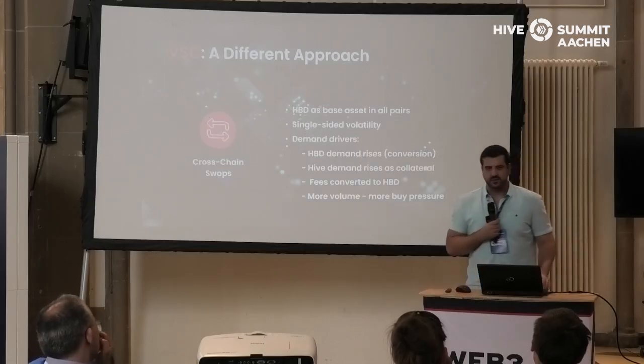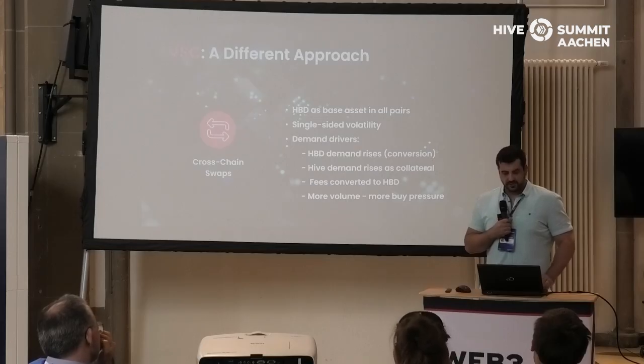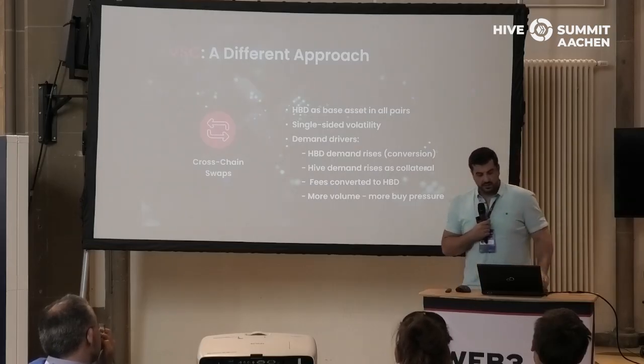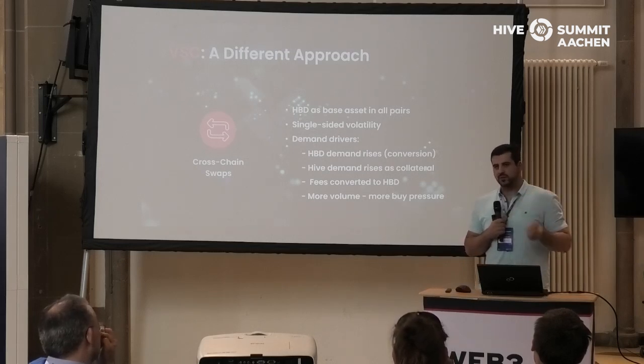The second advantage over our current competitors is using a stablecoin as the base asset in all pairs. When you use a stablecoin, you're only exposing the liquidity provider to one-sided volatility.